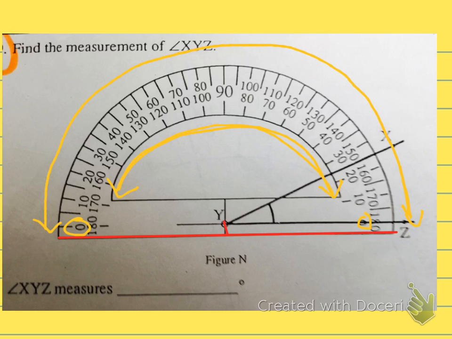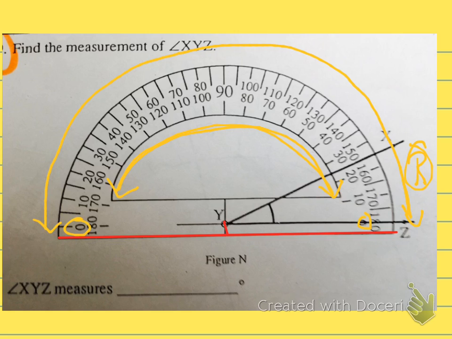We want to know whether our angle is opening to the right or to the left. In this case, angle XYZ is opening to the right. So should we use the interior or the exterior curve to measure our angle?